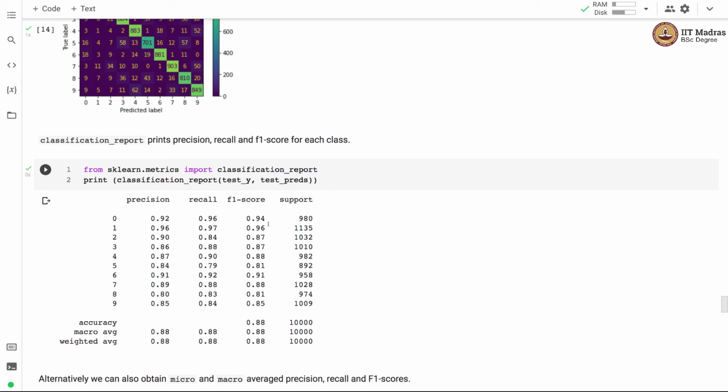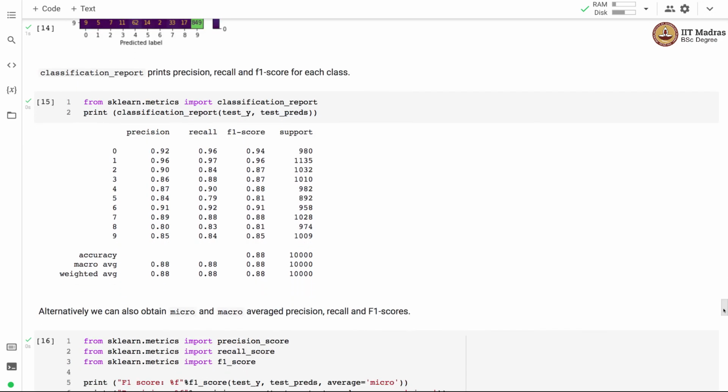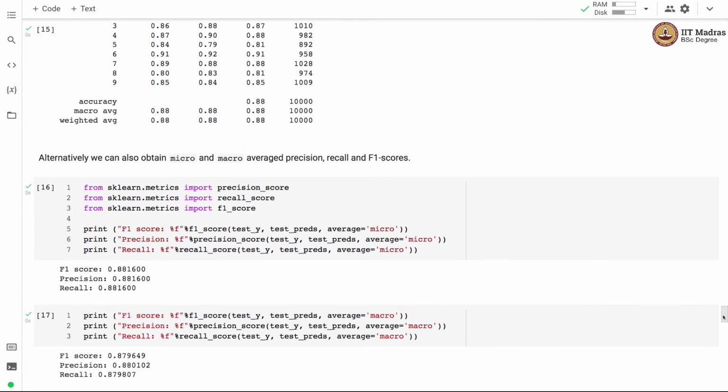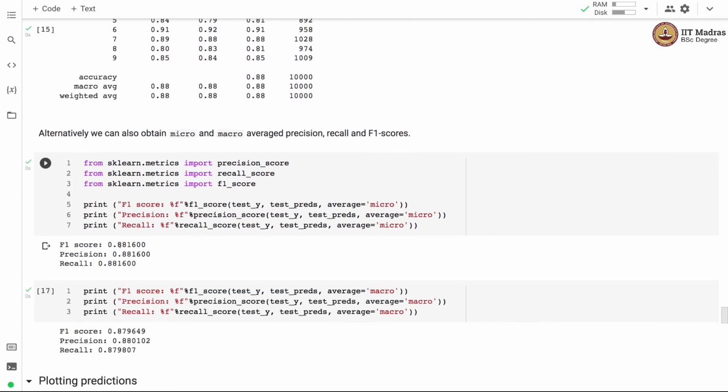We are above 90%, and for some of the classes like 5 and 8, our accuracies or our F1 scores are not as good as some other digits like 0, 1 and 6. The overall accuracy is 88%, and we also calculate micro and macro average precision, recall and F1 score. The micro average precision score is 88.16%, whereas macro average precision is 87.98%, which is close to 88%.